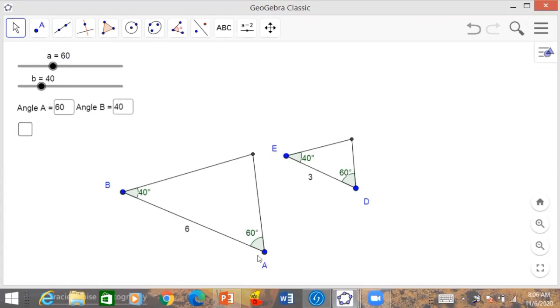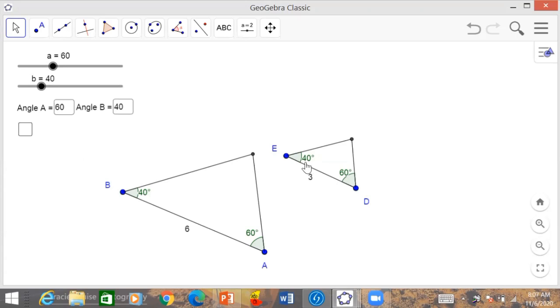Now I have constructed two triangles with angles 60 degree and 40 degree. Here I have constructed two triangles with their two corresponding angles equal. I have constructed angle B equal to angle E, angle A equal to angle D, and here AB is equal to 6 cm, DE is equal to 3 cm. Now let the one more vertex be C. Now one angle is 60 degree, another angle is 40 degree.